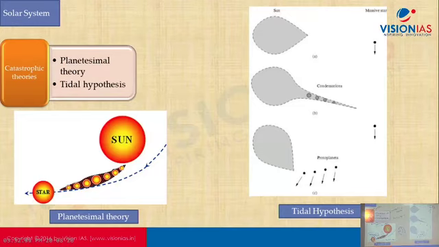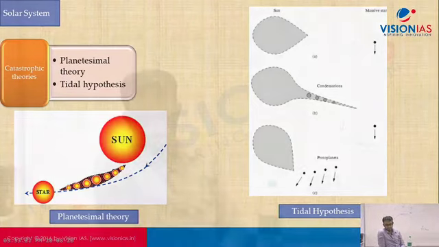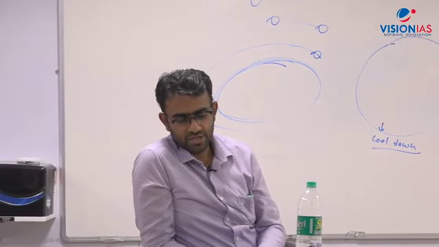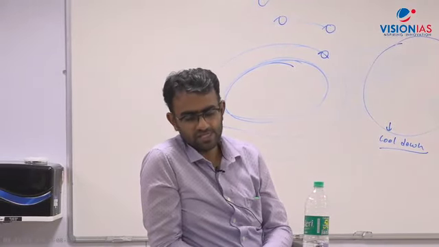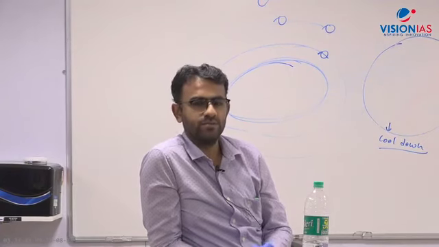its gravitational pull led to the ejection of matter from the protostar, which gradually evolved into planets.